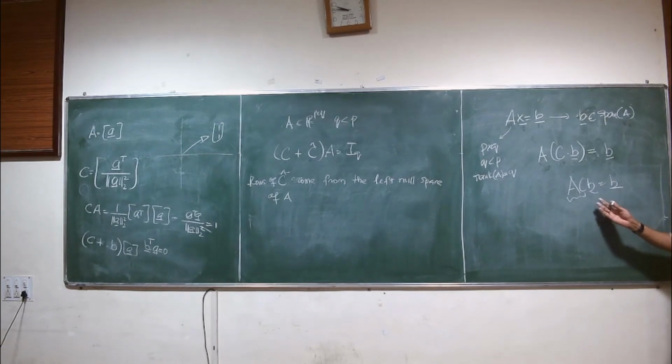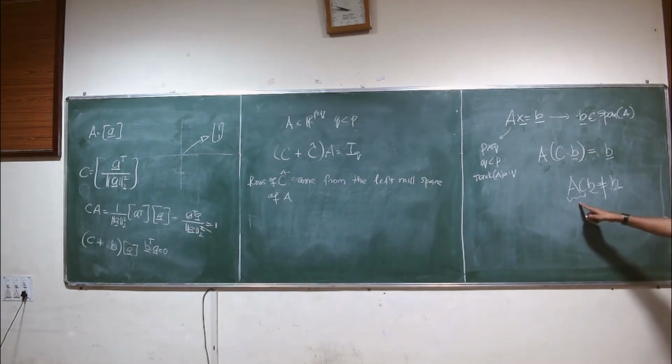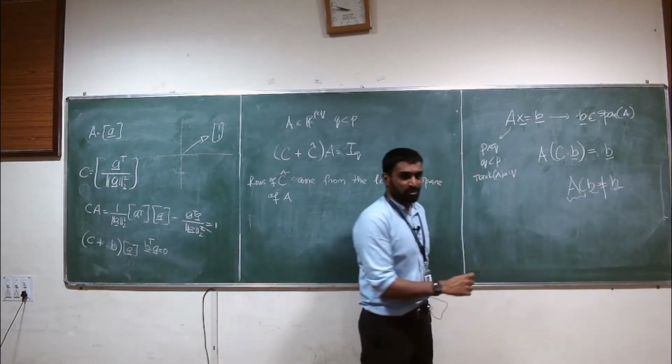But now I've written A post multiplied by C also turns out it gives me I. That's strange, no? Okay, it turns out this is not a problem because this is true only when B belongs to the span of A. If B is not in the span of A, if you do ACB, this is not equal to B. Okay. We've seen something like this before when we were talking about orthogonal projection.